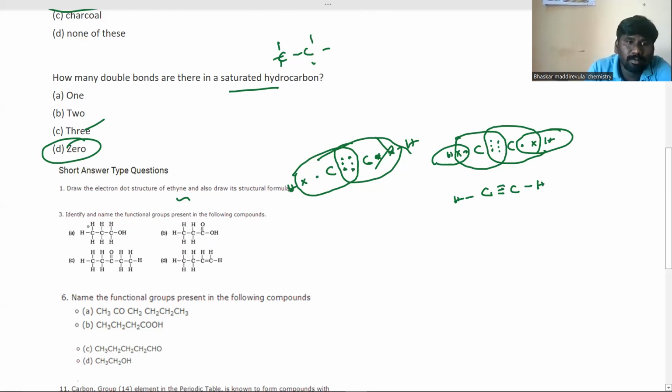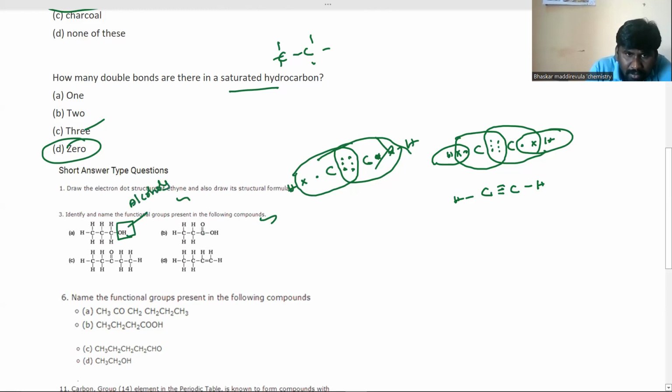Next, name the functional group present in the following compounds. In this compound there is an OH group, a functional group. OH means alcohol.